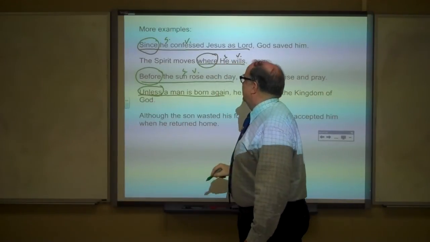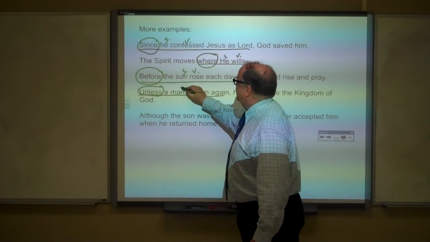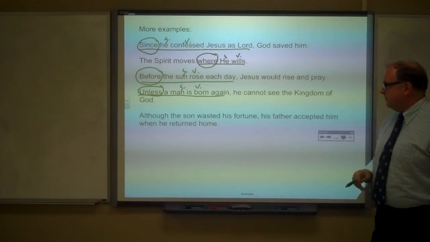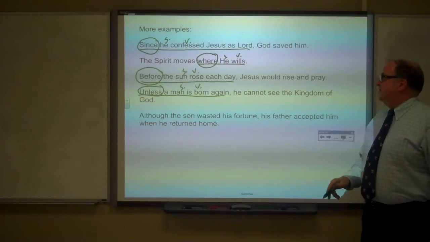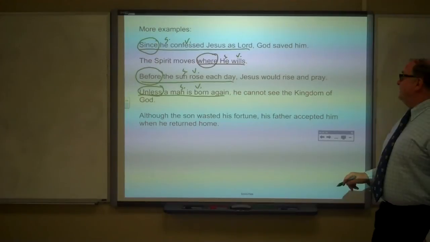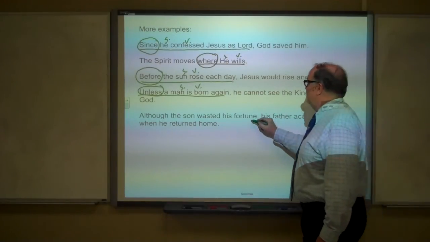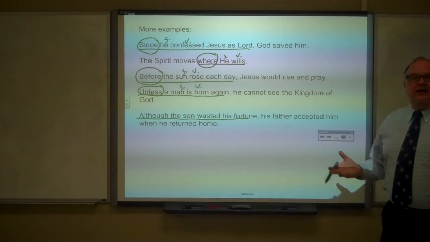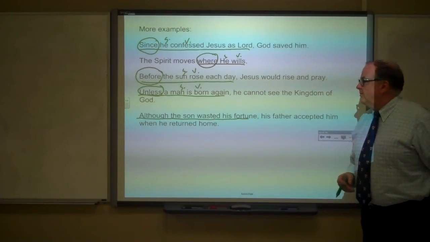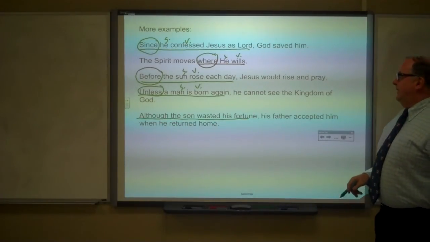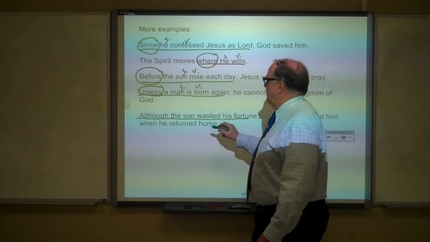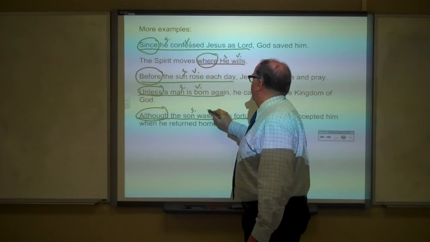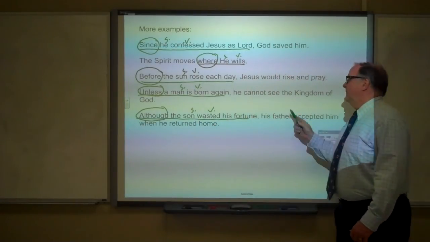Have the subordinating conjunction unless, subject, man, is born is the verb. Although the son wasted his fortune, his father accepted him when he returned home. Again, you could probably say under what condition, what circumstances. Subordinating conjunction, although, subject, son, verb, wasted.